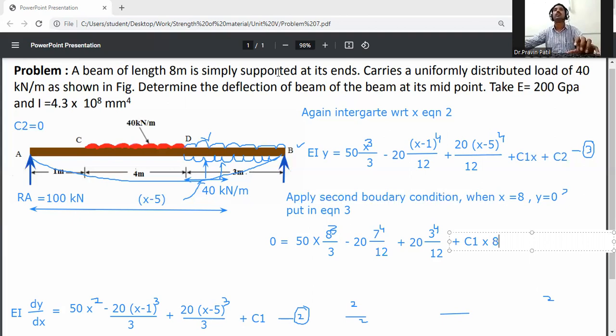From this relation we will get the c1 value.